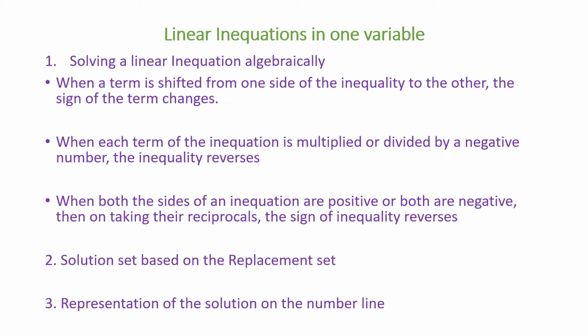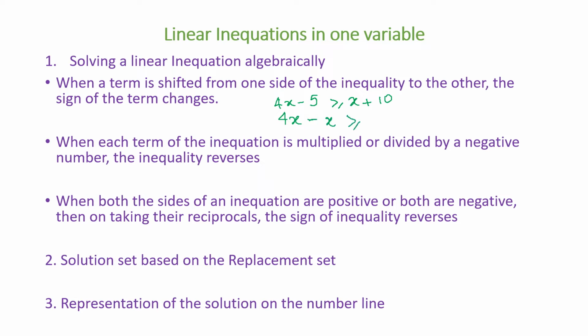So for example, if I have 4x minus 5 is greater than or equal to x plus 10. When I am shifting the term from one side of the inequality to the other, suppose I am shifting x to this side and minus 5 to this side, then this is going to be 4x. x is positive, so this will become negative over here.